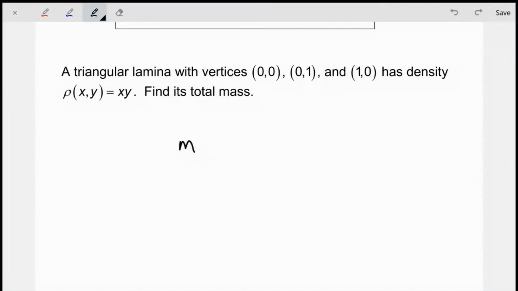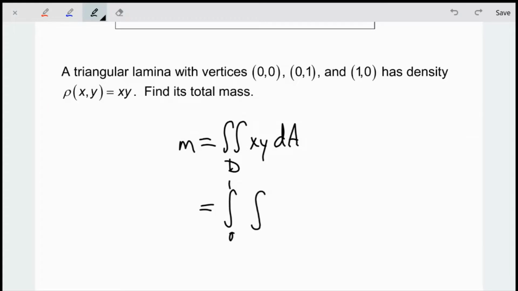So when I'm looking for my mass, I know I'm going to take a double integral over my region, and my density is xy, and then I'm going to have to break my area into those subregions. And again, I can do this in terms of x first or in terms of y first. It doesn't really matter. But the rest of this is going to look a lot like the one that we just did.